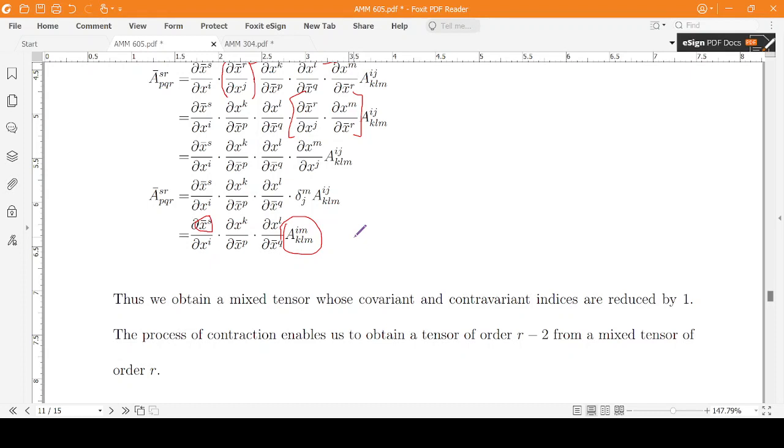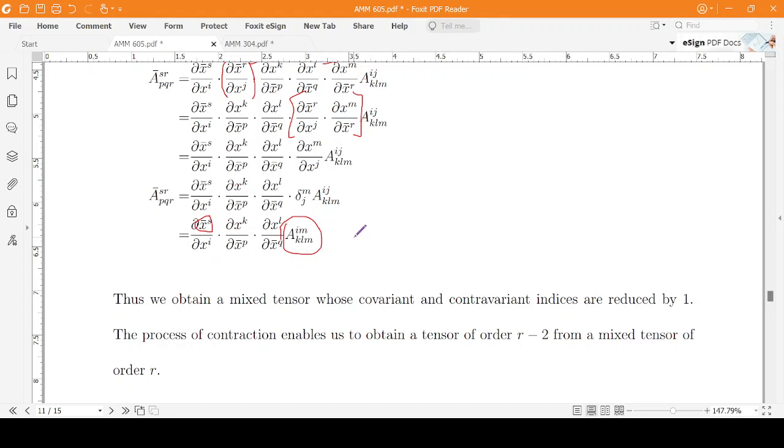So these are a tensor of rank 3. So in this case, we have obtained a mixed tensor whose covariant and contravariant indices have each been reduced by 1. So in total, we have reduced the order of the tensor by 2.